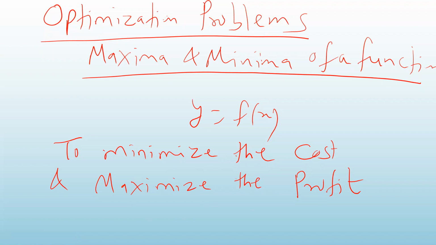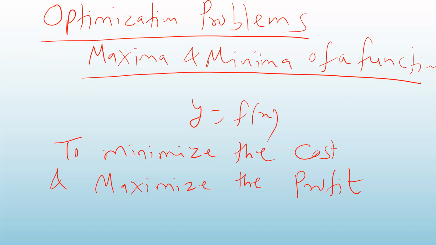Okay. So before I actually give you the step-by-step method to find the maxima and minima value of the function, let me introduce you with what is called as second order derivative. Okay.